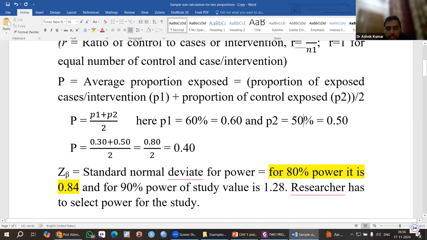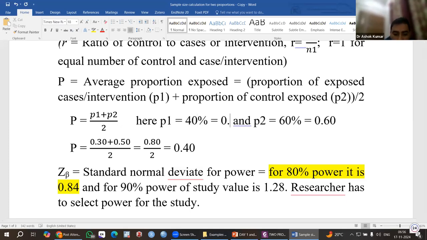Sorry, P1 is for intervention. So I can say P2 is 60%. You have to remember it is 0.6. But in P1, it is a 20% reduction. So what will be P1? 60 minus 20, that is 40%. It is an absolute reduction, not a relative reduction. Okay, so it is coming 40.